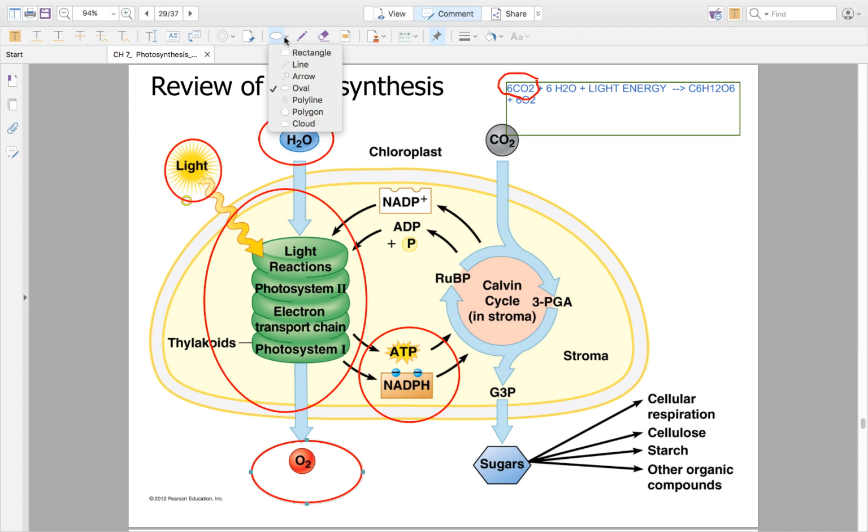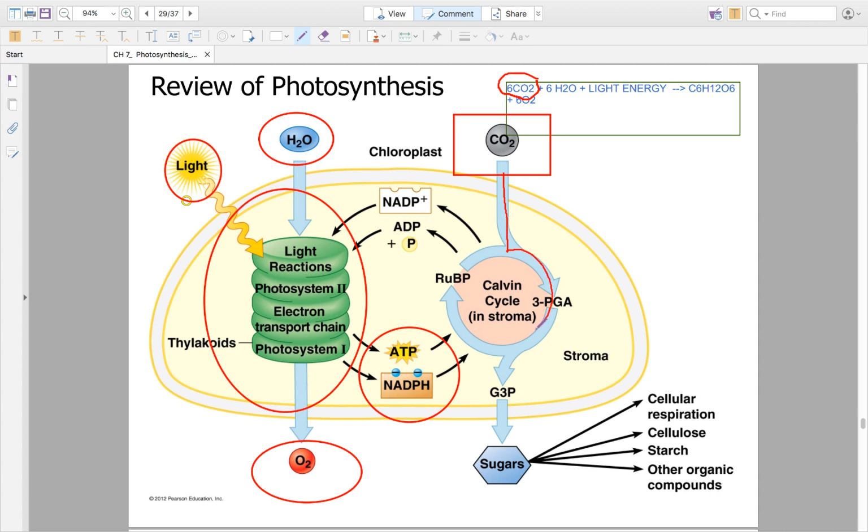Now CO2 doesn't come in until the Calvin cycle. And even though we learned it as 3 CO2s coming in at once, technically that's the way we want to teach it, but it's 1 CO2 at a time.